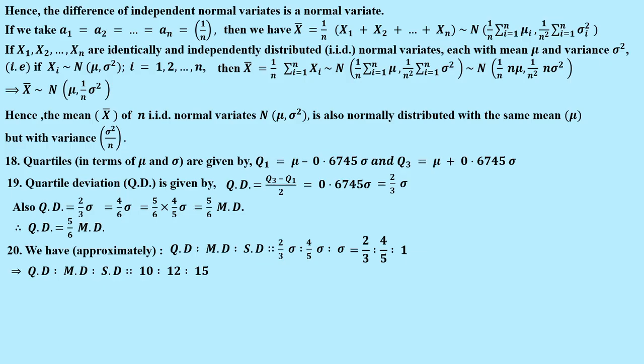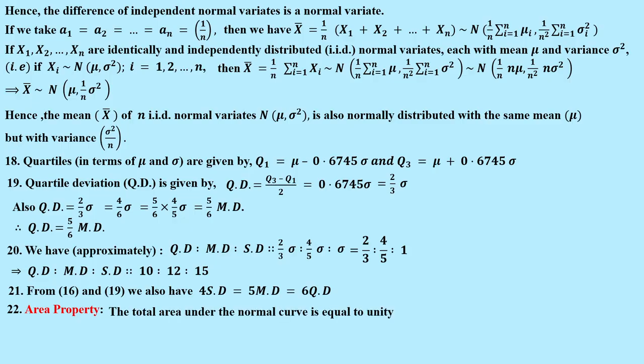So QD is to MD is to SD is proportionate to 10 is to 12 is to 15. From 16 and 17 we also have 4 into standard deviation equal to 5 into mean deviation, which is equal to 6 times quartile deviation.